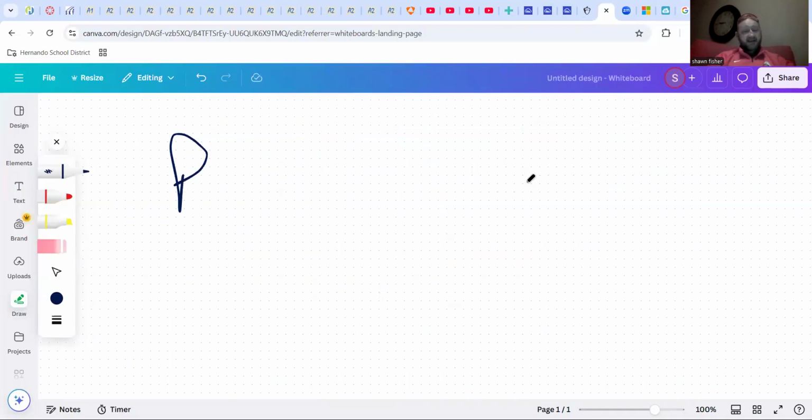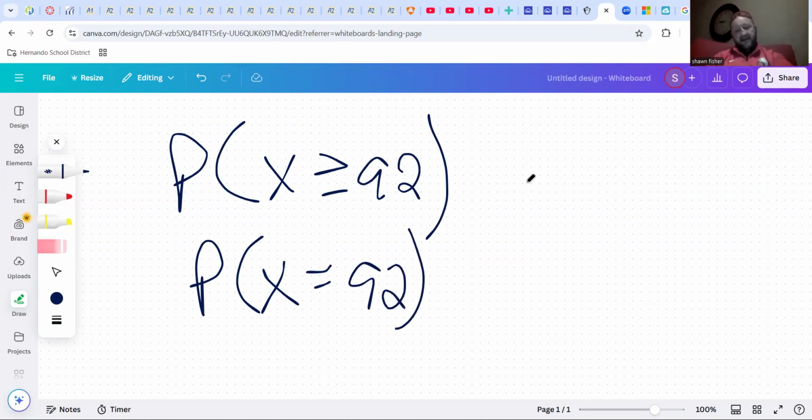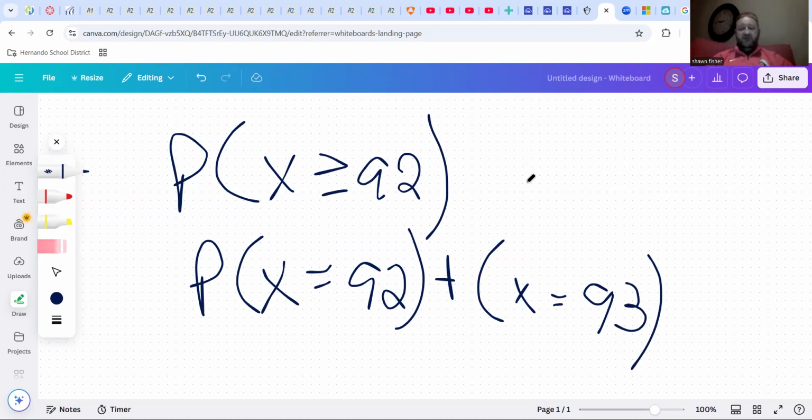All right, this is how you do this one. The probability that he makes his free throws, random variable X, is greater than or equal to 92. In a binomial distribution, the way that we do that is simply this: the probability X equals 92, plus the probability X equals 93, and so on until X equals 94.